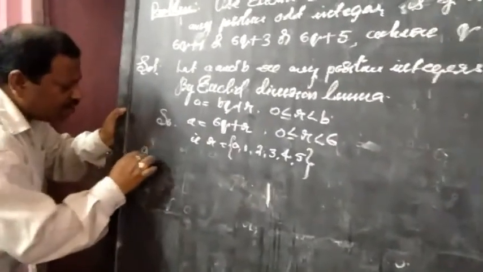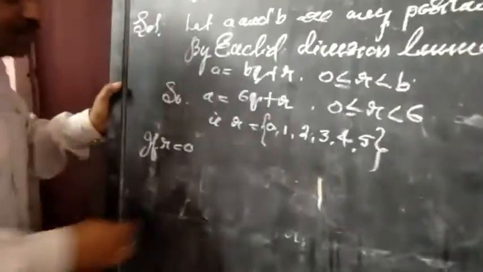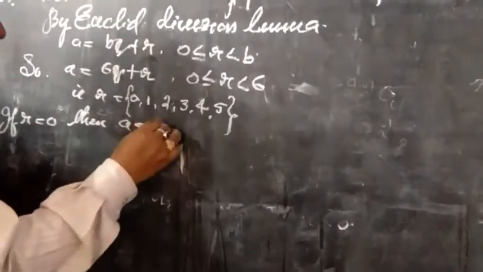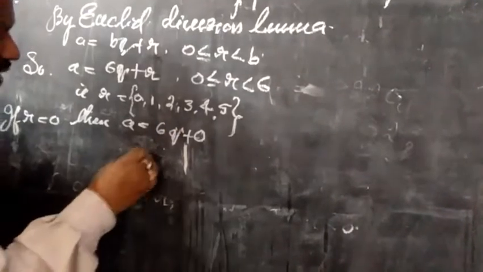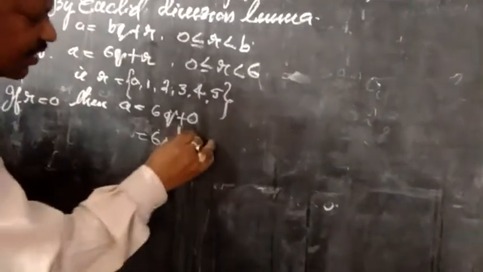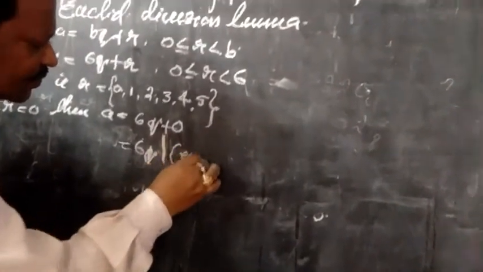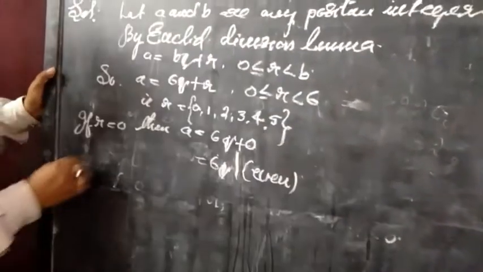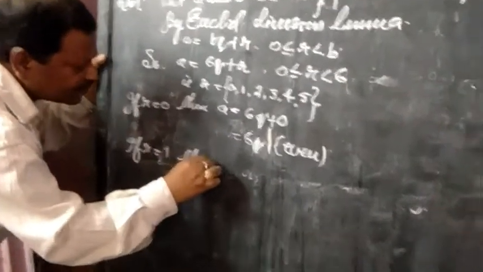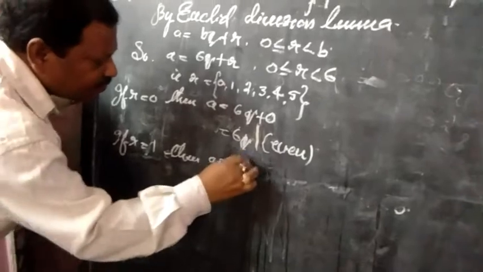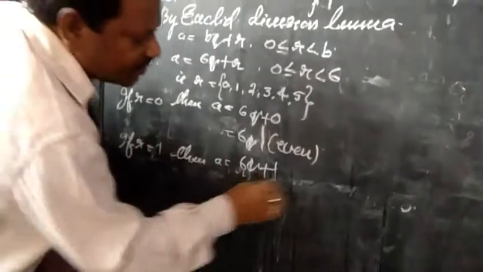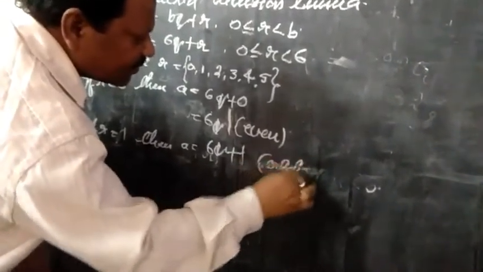If r equals 0, then a equals 6q plus 0, which is 6q. 6q is an even number. Next, if r equals 1, then a equals 6q plus 1. 2 is a factor of 6q, so 6q plus 1 is an odd integer.